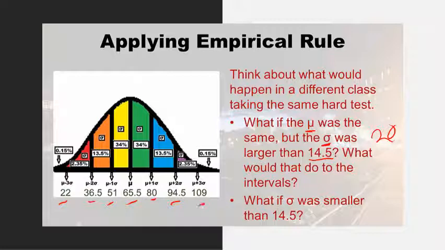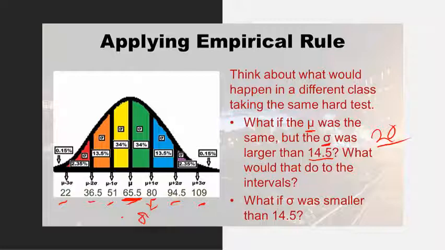What it would look like is, like we said, your mean stays the same, so this is still 65.5, but your standard deviation is now 20. What does that mean? That means this is going to be 65.5 plus 20. So what is that?